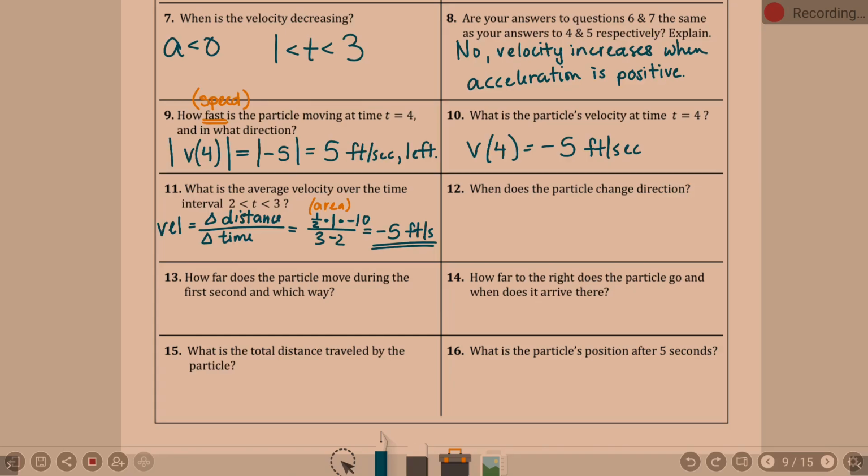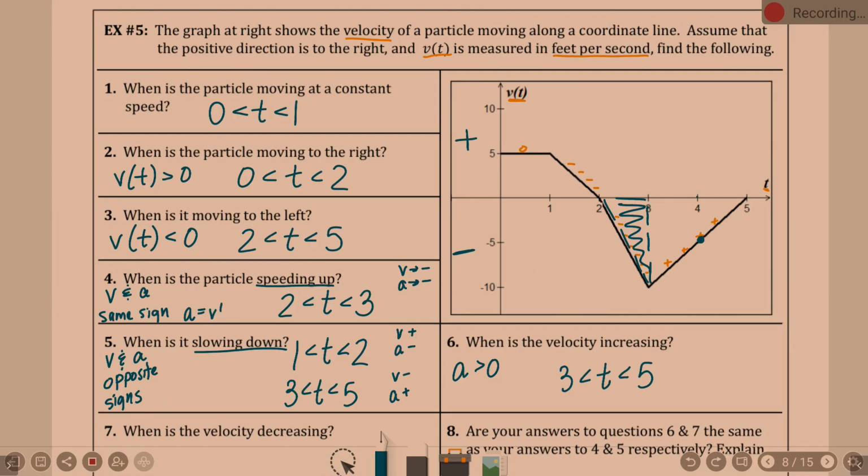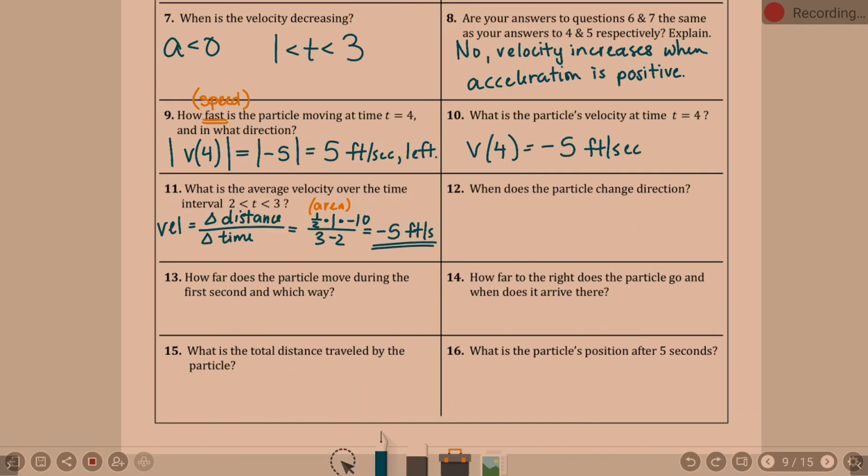12. When does the particle change direction? T equals 2. And t equals 2 because that is an x-intercept. Velocity goes from positive to negative. Graphically, it's your x-intercept on a velocity graph.